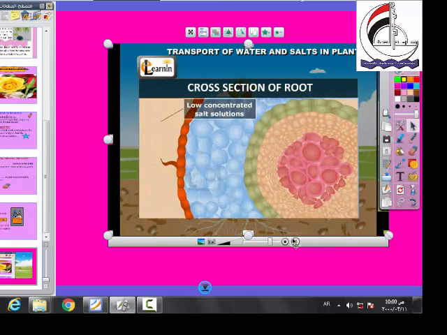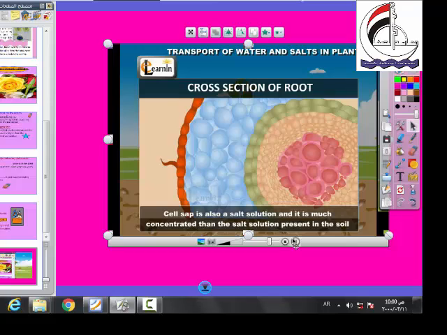Cell sap is also a salt solution, and it is much more concentrated than the salt solution present in the soil.